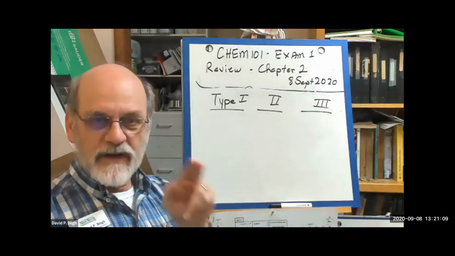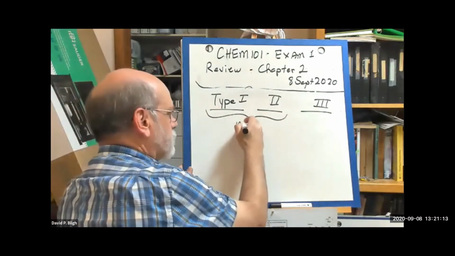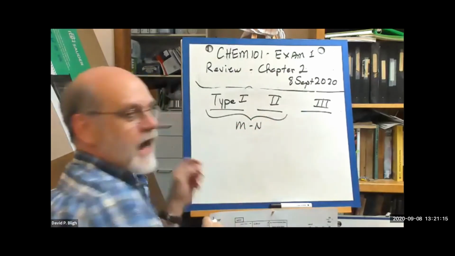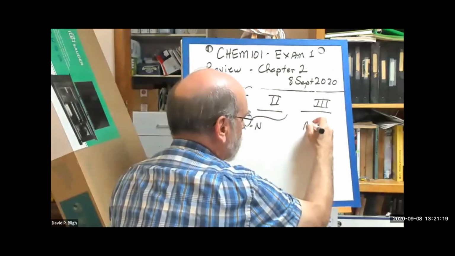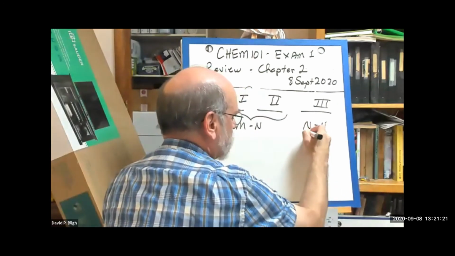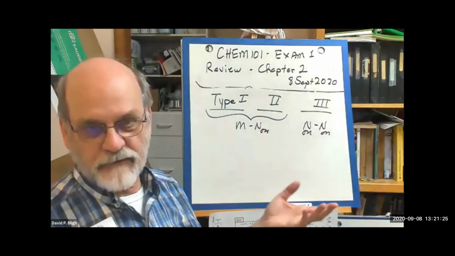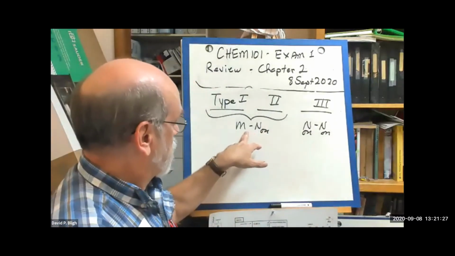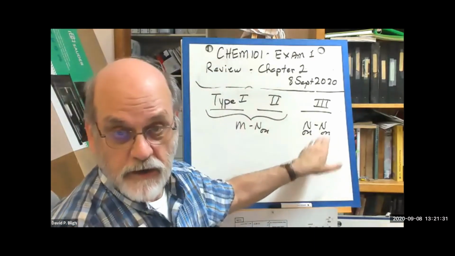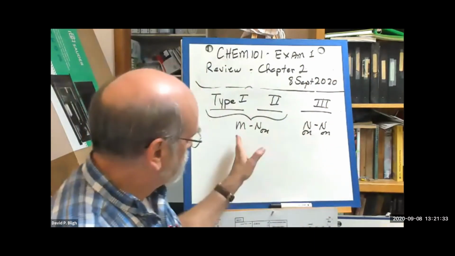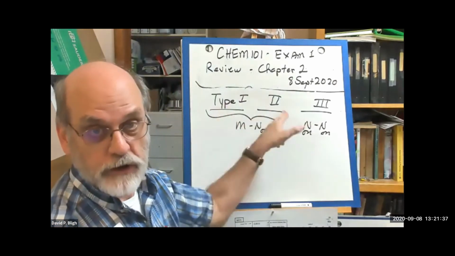If it's a metal with a non-metal, it fits here. Metal, non-metal. If it's a non-metal and a non-metal, it goes over there. If it's a non-metal, non-metal, then you just go from there. But if it's a metal, non-metal, then you have to decide what type is it, 1 or 2.